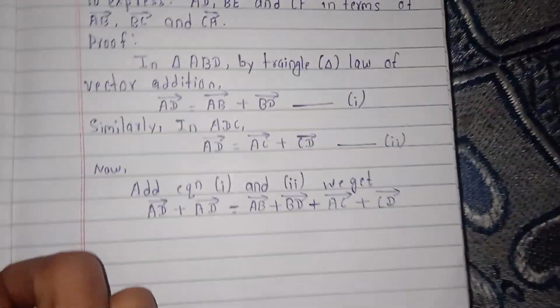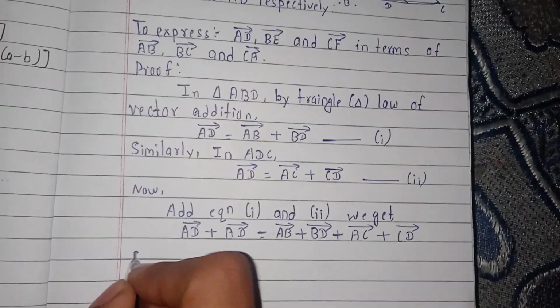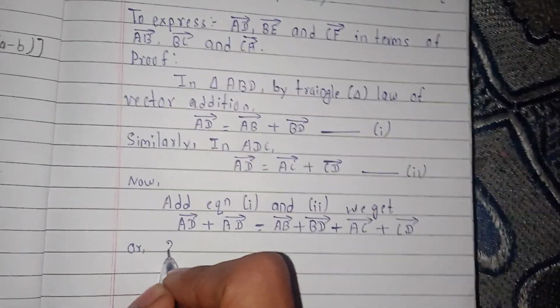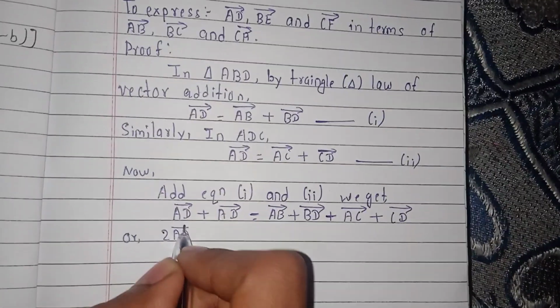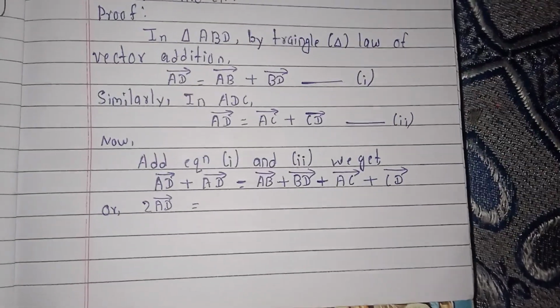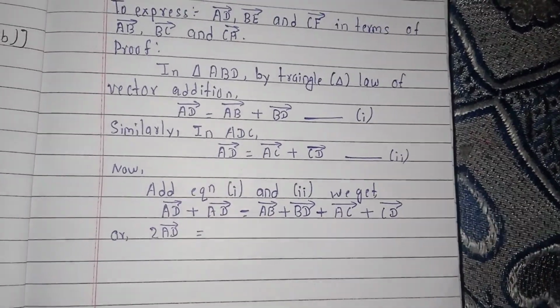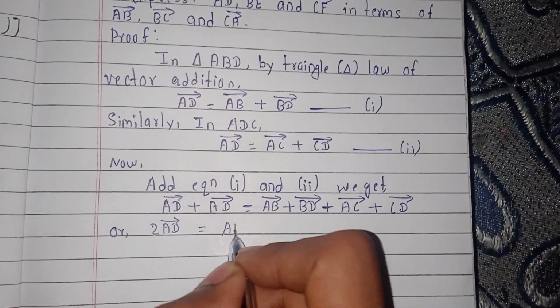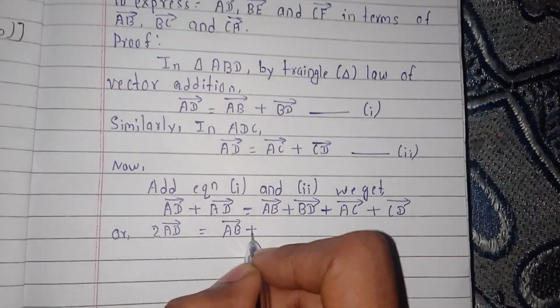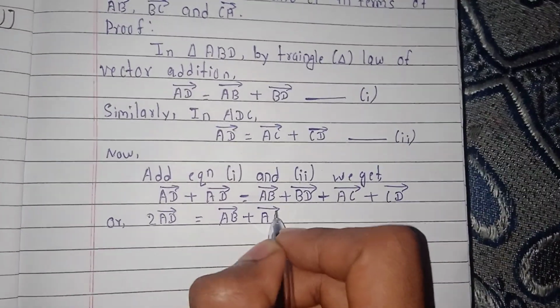So 2 AD vector is equal to AB vector plus AC vector, closing the bracket.